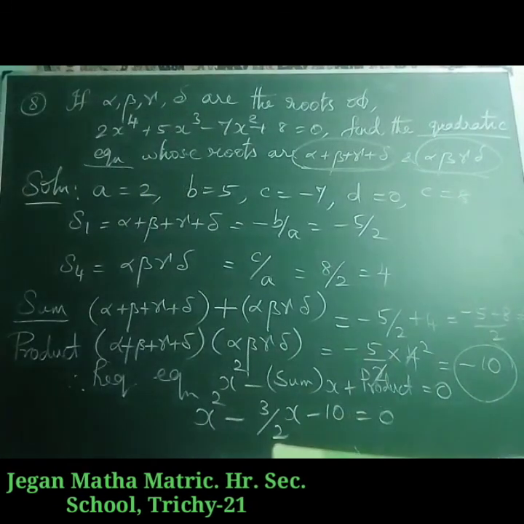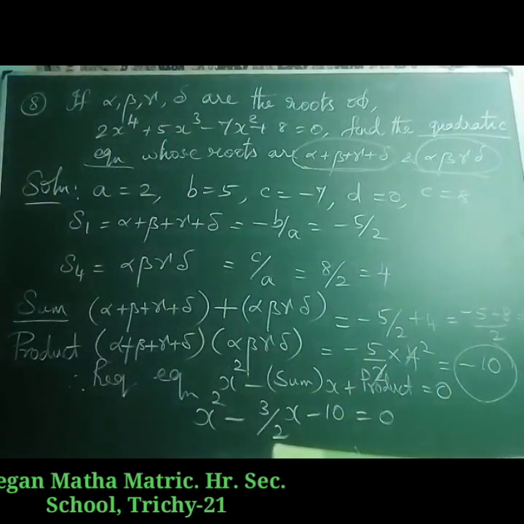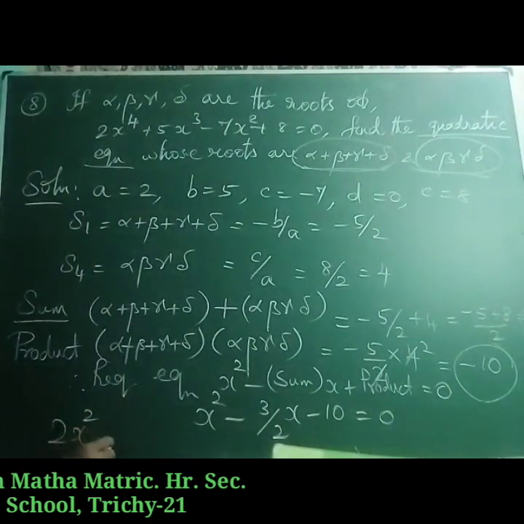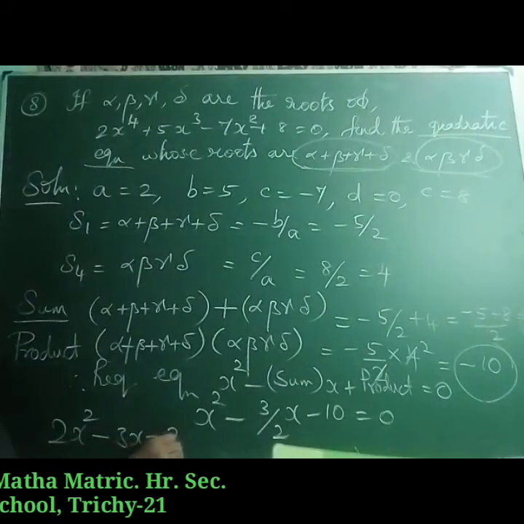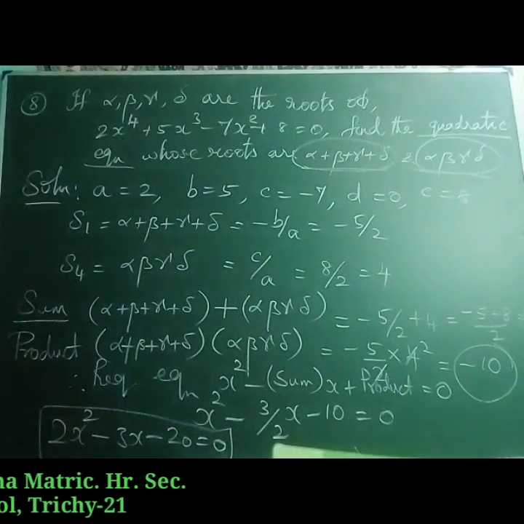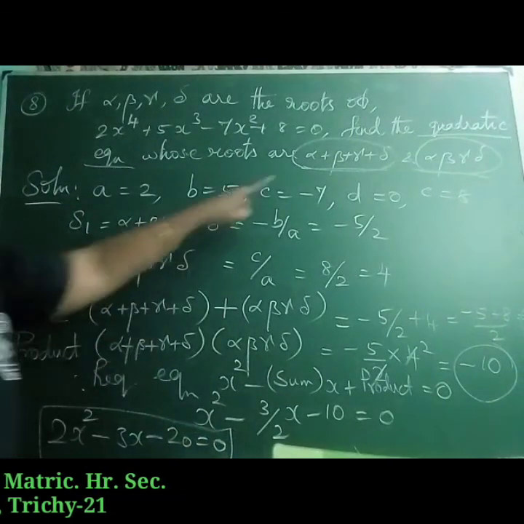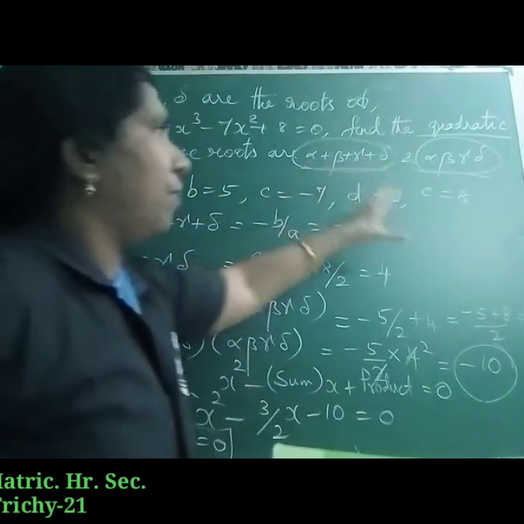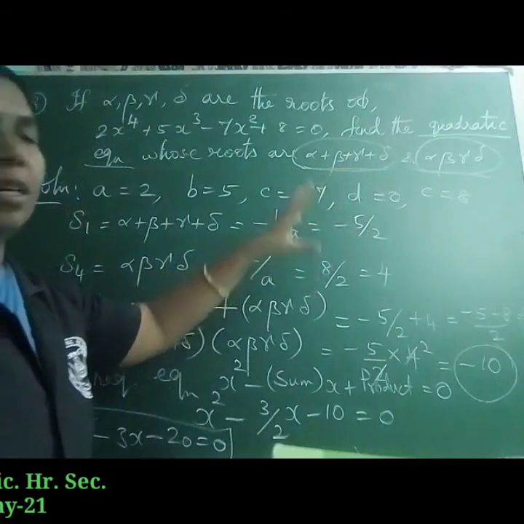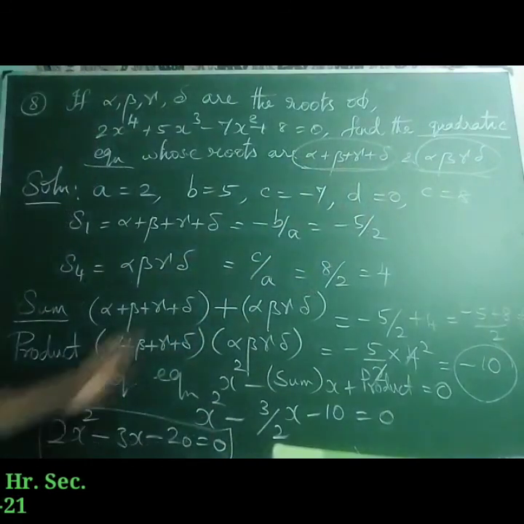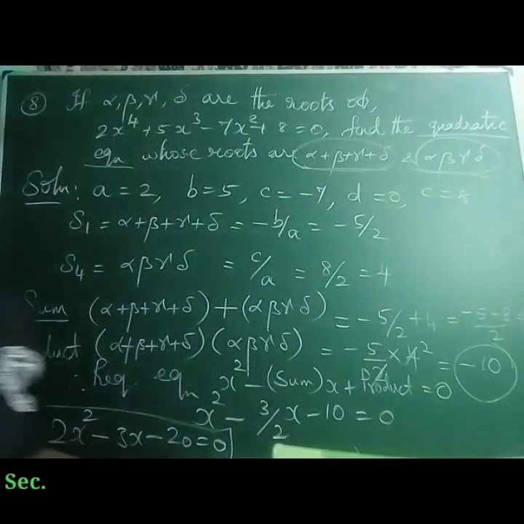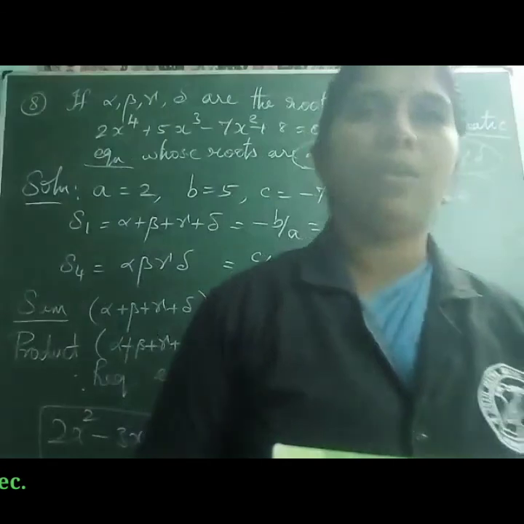If you are taking 2 as LCM, the required quadratic equation is 2x square minus 3x minus 20 equal to 0. So if alpha plus beta plus gamma plus delta is one root and another one is alpha, beta, gamma, delta, all the four roots together as a product, then the required quadratic equation with the given two roots is 2x square minus 3x minus 20 equal to 0. Thank you, children.